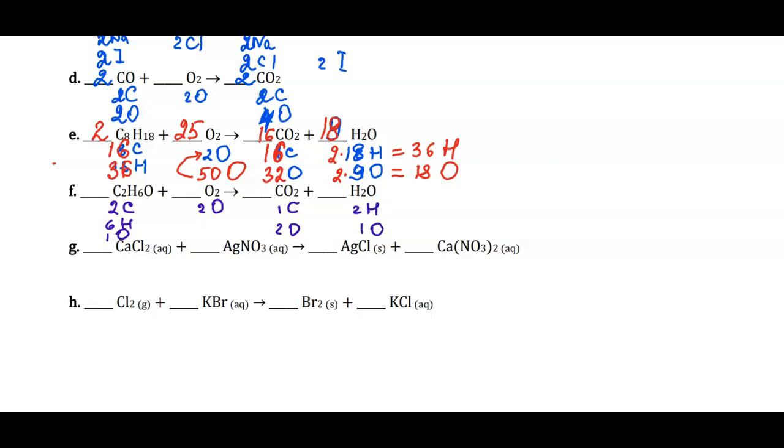Okay, so first of all, I'm going to balance carbon. So 2 carbons at the left. We need 2 here, and we'll get 2 carbons at the right, and double amount of oxygen, 4, right?